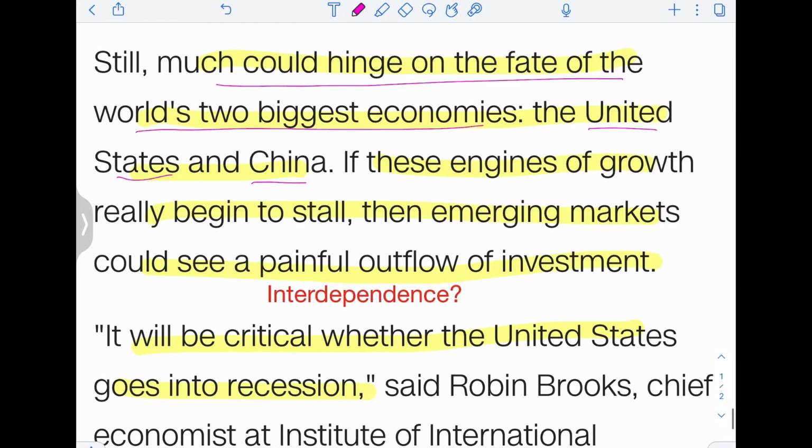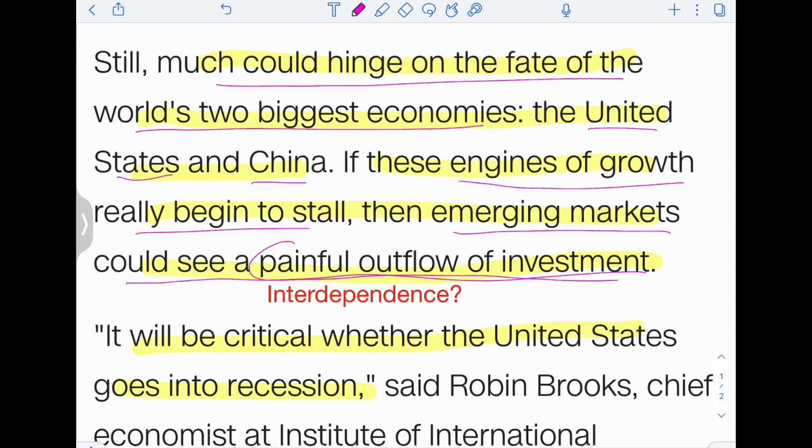If these two economies are generally engines of growth, if they begin to stall or slow down, many emerging markets could see a painful outflow of investment. If the US economy and the Chinese economy start to slow down their economic growth, they won't be buying as much exports from these emerging economies, from these LEDCs, and that could eventually lead to slower economic growth and an outflow of investment.